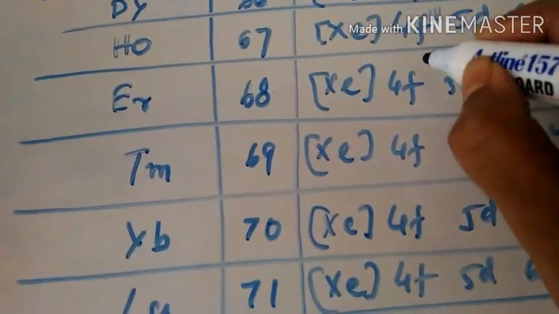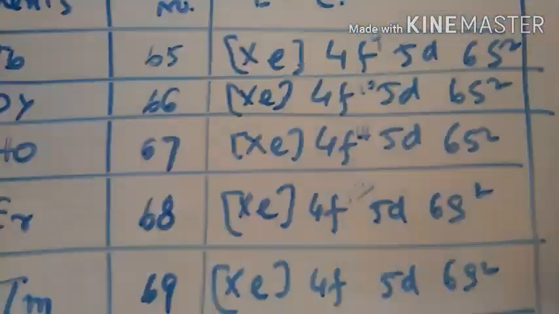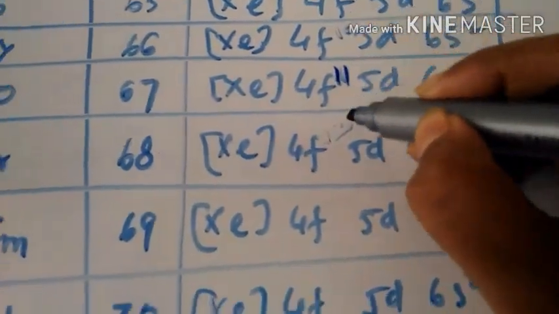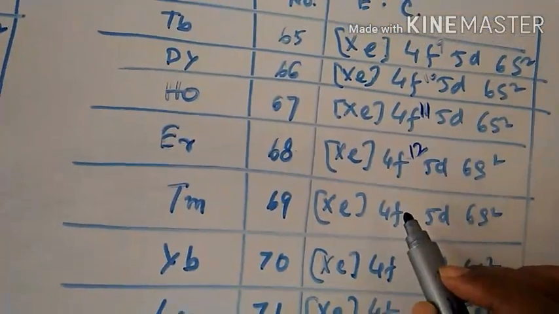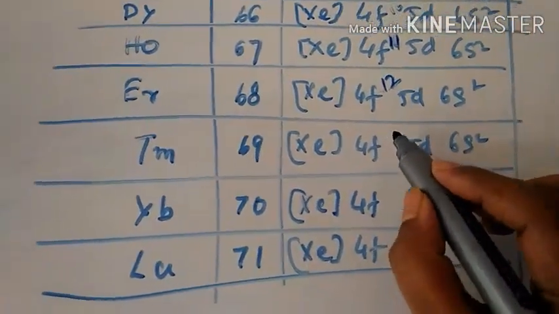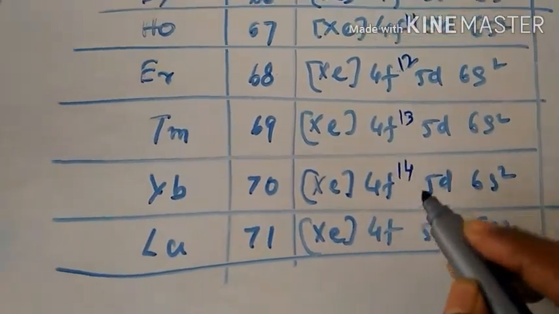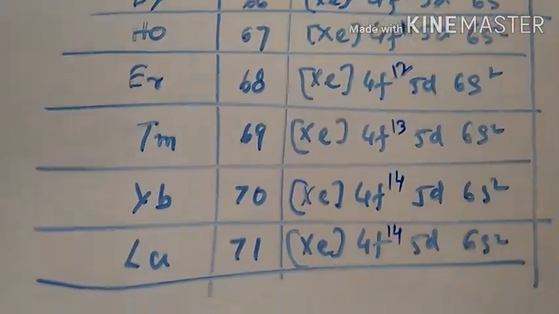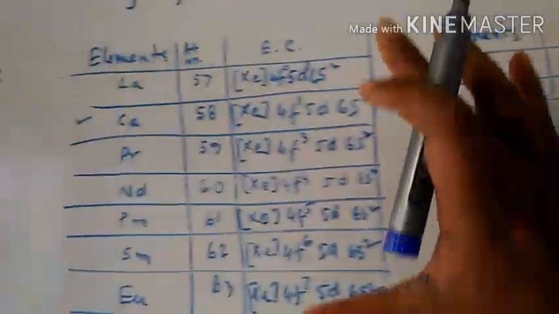Okay, for erbium it should be 12. For thulium it should be 13. For ytterbium it is 14, and for lutetium it is again 14. Now all the 6s2 electrons are filled up because it is all 6s2.